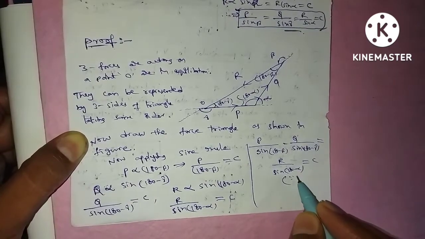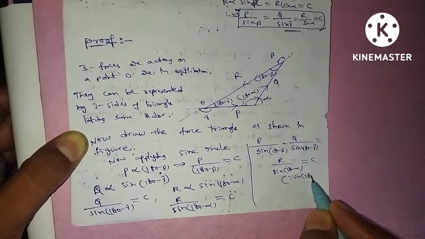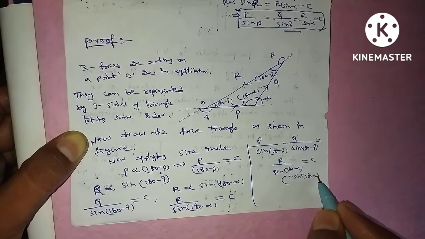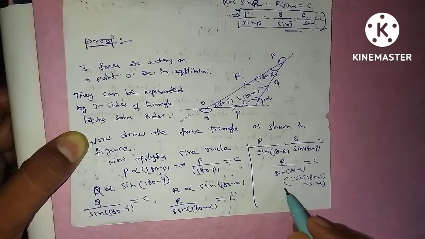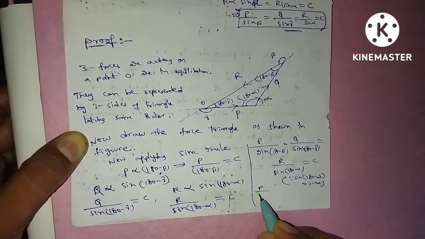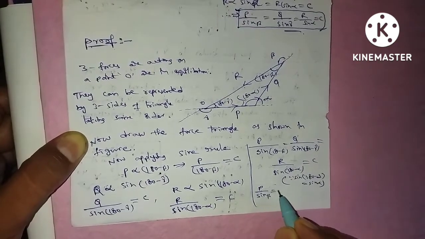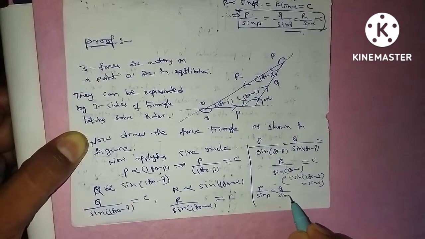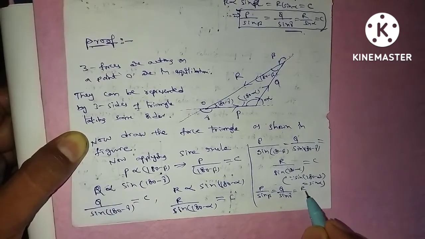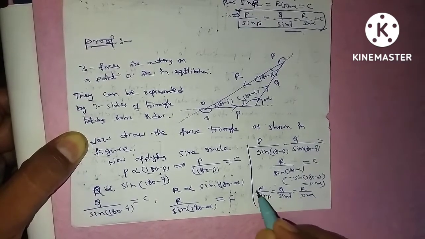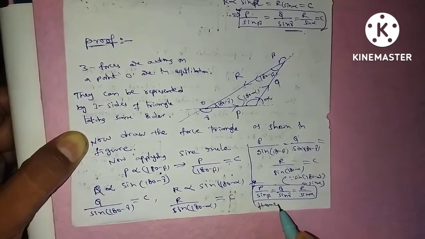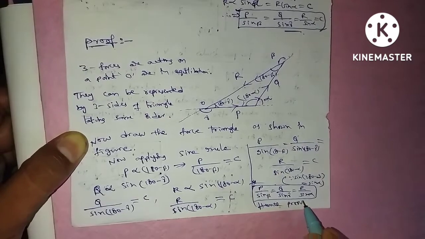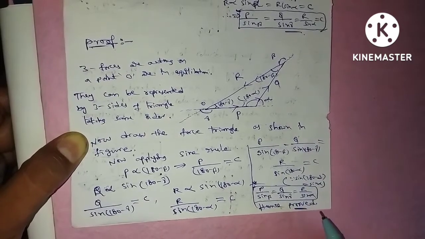From trigonometry, sine of 180 minus theta, or alpha, is equal to sine alpha. So P by sine beta is equal to Q by sine gamma is equal to R by sine alpha. So this is Lami's theorem. Hence Lami's theorem is proved. Right? Thank you.